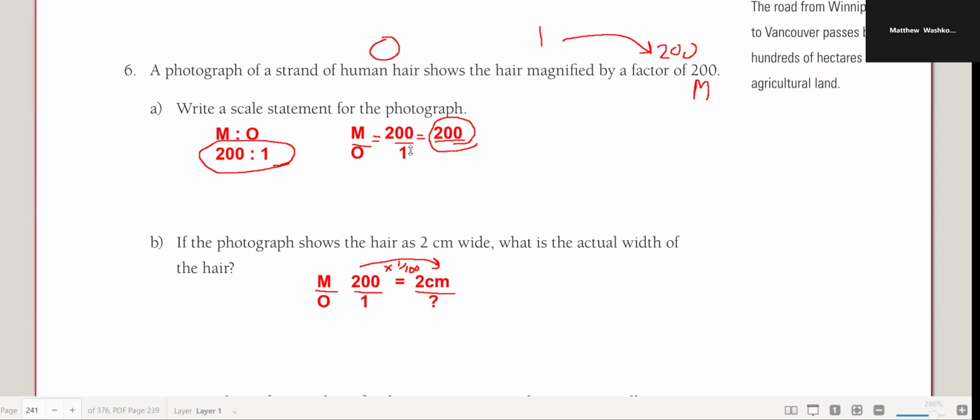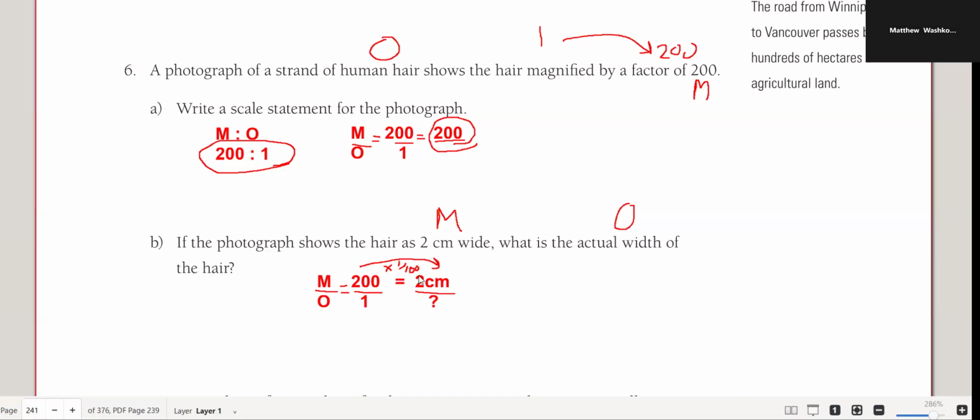That is a scale statement. Now for this one here, what if I take a photograph of a hair, and in that, if I take a ruler, it's 2 centimeters wide on my model. What's the actual width, model and original? So again, you can do this as a fraction or as a ratio. I like fractions just because it's a little bit easier. So model to original, right? I know it's a 200 to 1. We've talked about that up here. And I know that my model is shown as 2 centimeters. Well, 200 times something gives me 2.